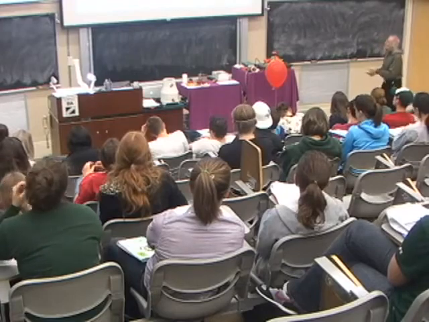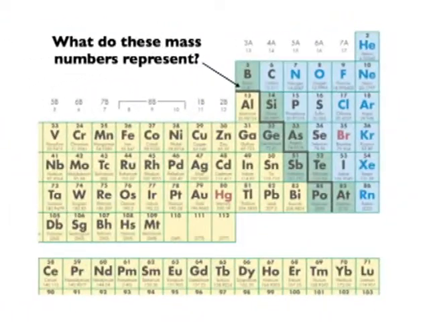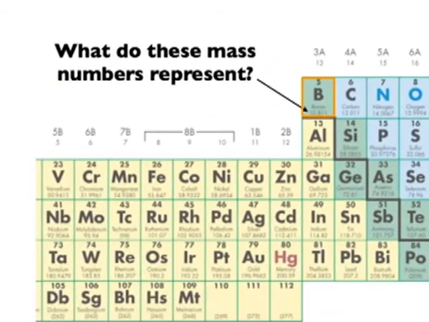Now, if you look in the periodic table, you get these numbers. If I look at boron, for instance, boron, atomic number 5, it's got atomic weight 10.8. But there is no boron-10.8. There is boron-10, and there is boron-11. Boron has two different stable isotopes, atomic mass number 10 and atomic mass number 11.